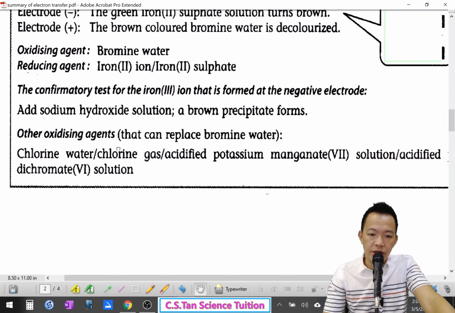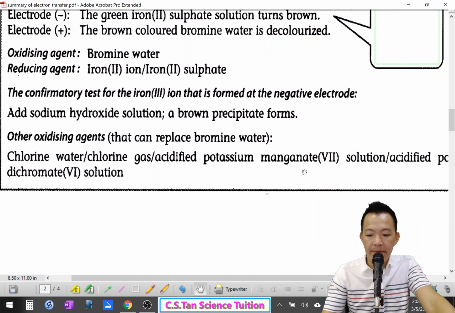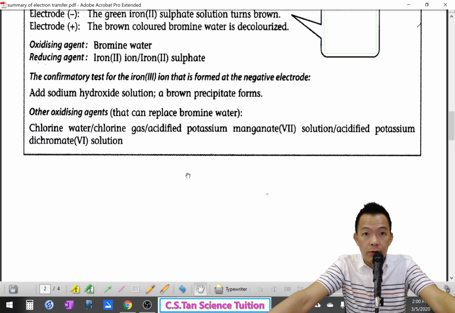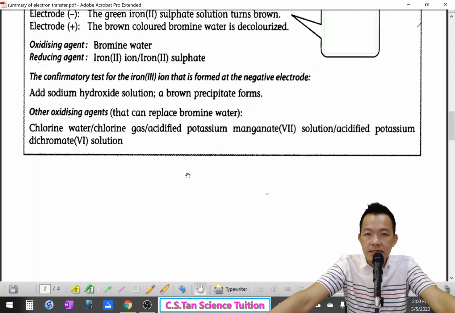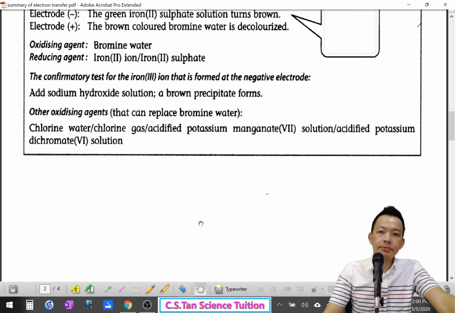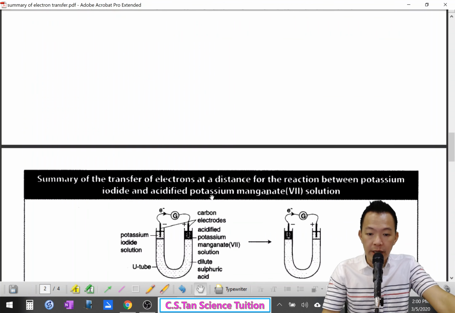So like chlorine water, chlorine gas, acidified potassium manganate, acidified potassium dichromate. So same as our redox number 2 last time, but the setup is different. The design is a bit different. But better, because better observation, more beautiful, more accurate.